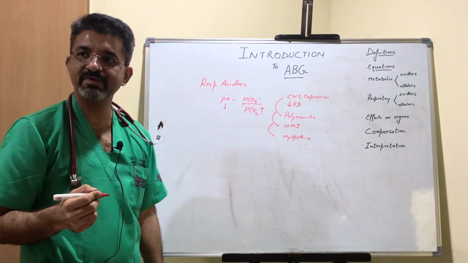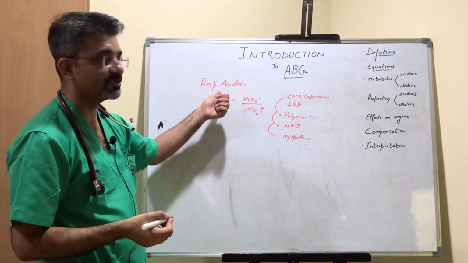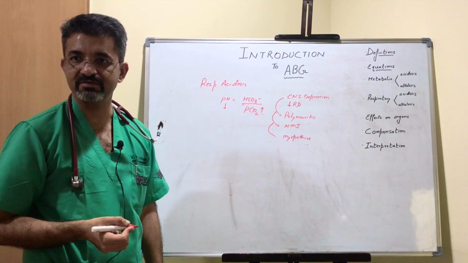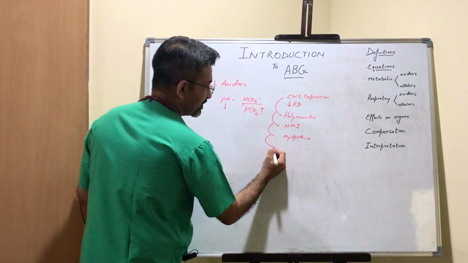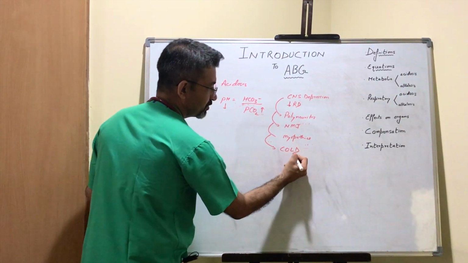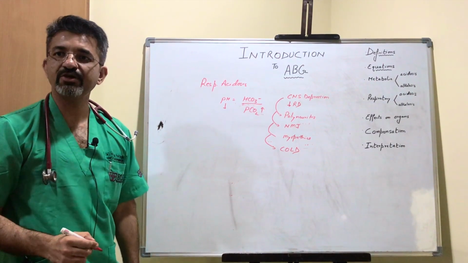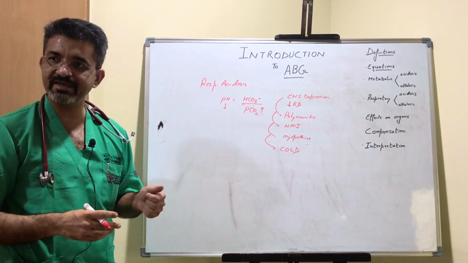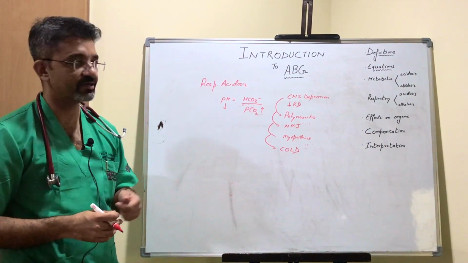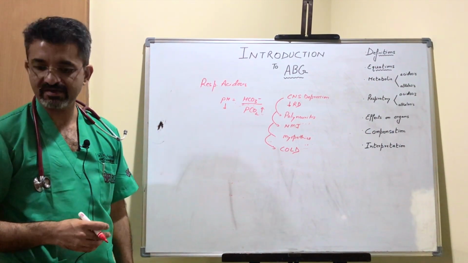Whenever a patient with myasthenia gravis goes into crisis, he lands up in respiratory failure and respiratory acidosis, right? Then you have chronic obstructive lung disease, COPD. Any obstruction will impair the gas exchange. So you will again have high CO2 levels and the patient will land up in respiratory acidosis.